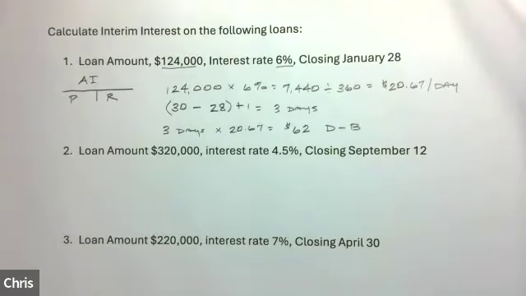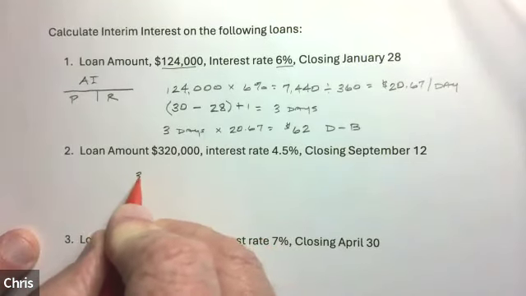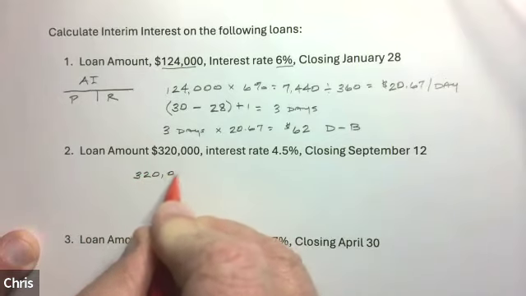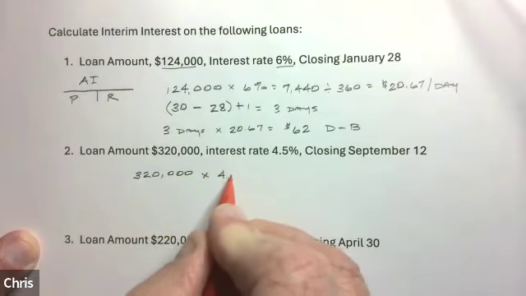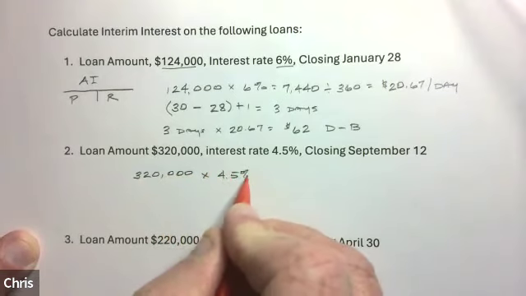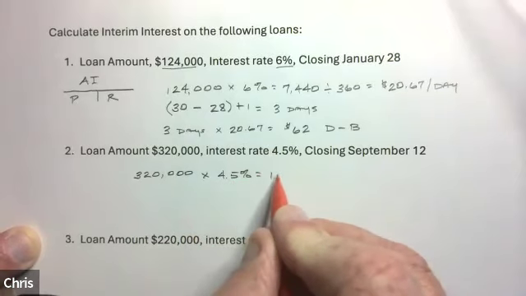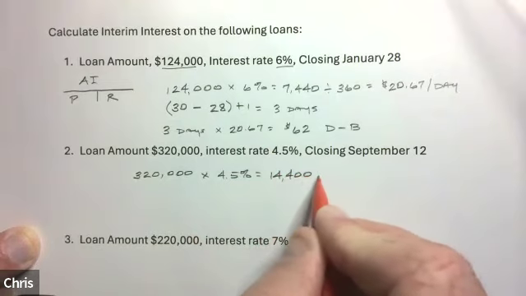Scenario 2, loan amount $320,000. At this point, I'm not going to do the T-bar every time. I'm just going to jump right into the problem. 320,000 principal times rate of 4.5% equals $14,400, which is an interesting number, but again, only important because I need to find the daily rate.